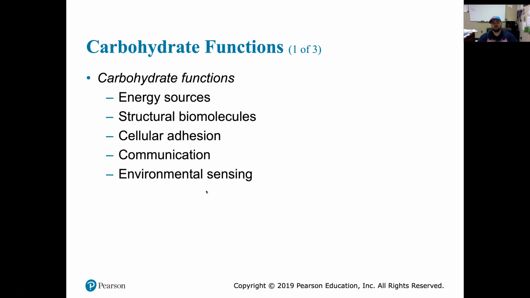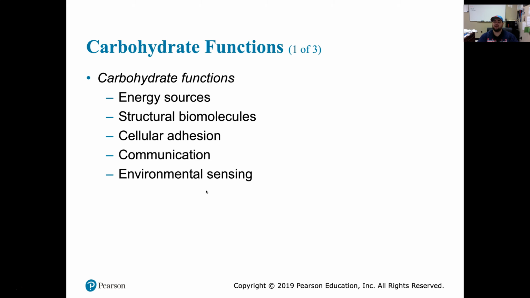These are some functions of carbohydrates. This is not comprehensive, but it is useful to know that we use carbohydrates mainly as an energy source, as structural biomolecules, meaning our bacterial glycocalyx, which is an outer covering around the bacteria, which we'll talk about in a minute. They can also assist in cellular adhesion.